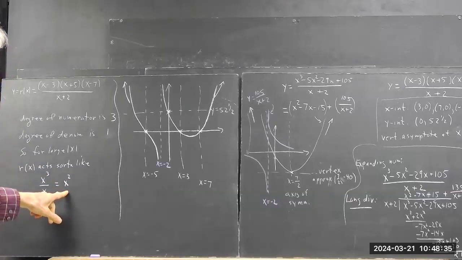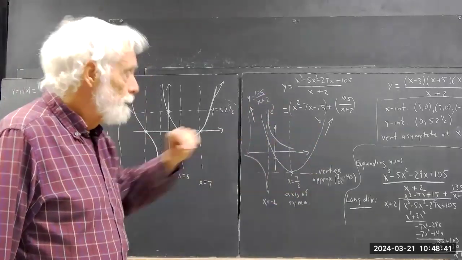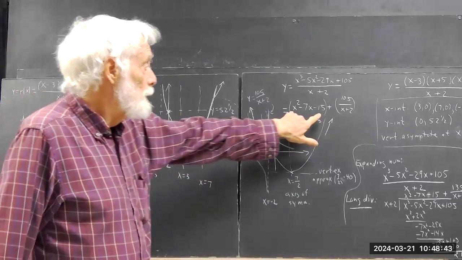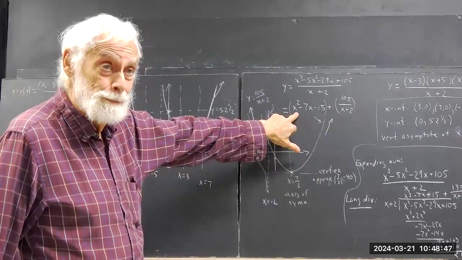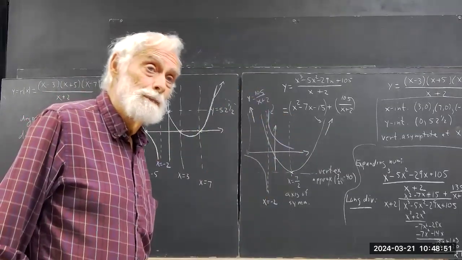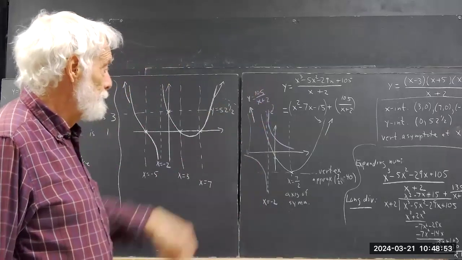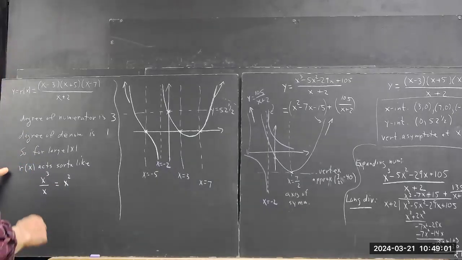Or x squared. Now, when we did the long division, we got a quadratic function, which is just basically an x squared function, but it's been shifted, stretched. Okay, this one hasn't been stretched.